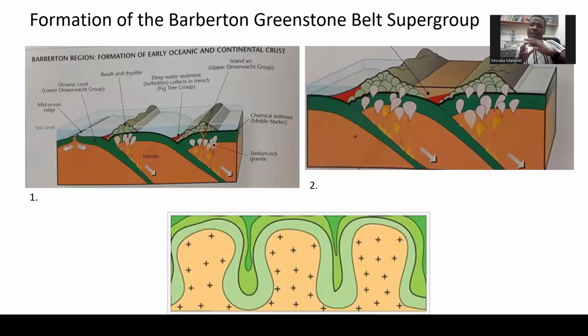Now, moving right on, we have this oceanic crust. Remember now, we had the oceanic crust. Then on top of this oceanic crust, we had iron oxide and silica. All right. Now, oceanic crust was simultaneously being subducted.